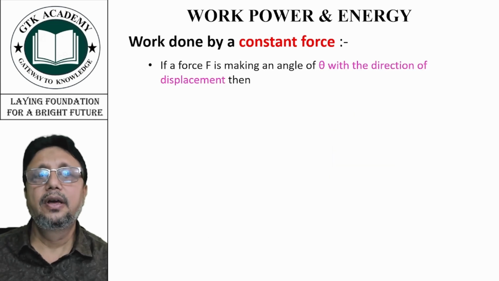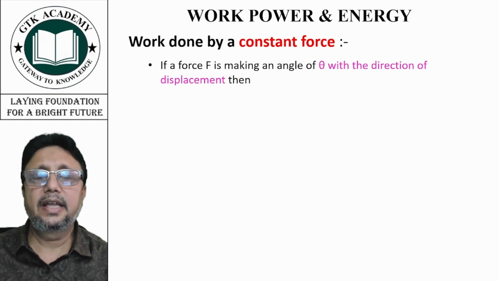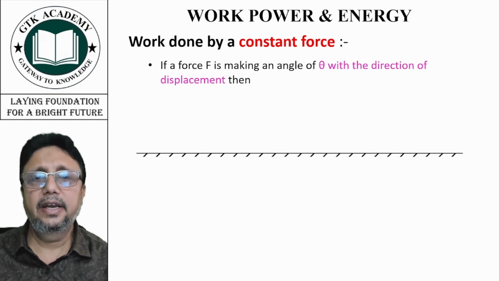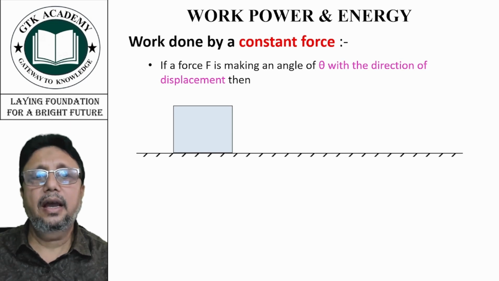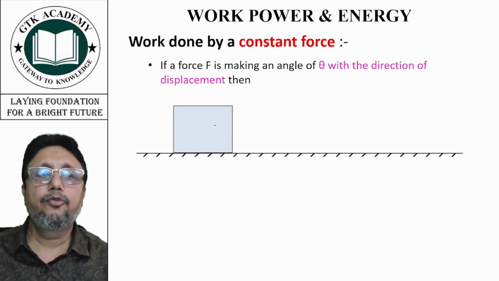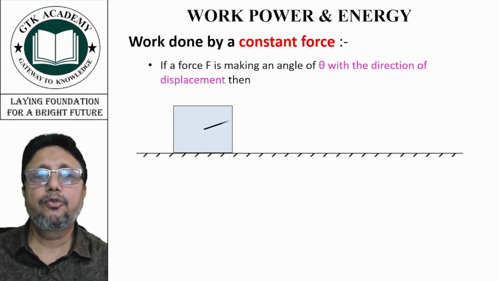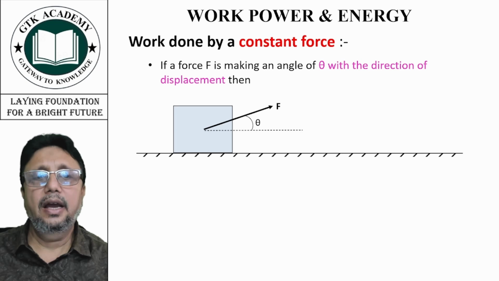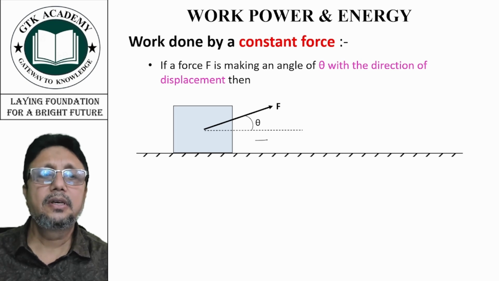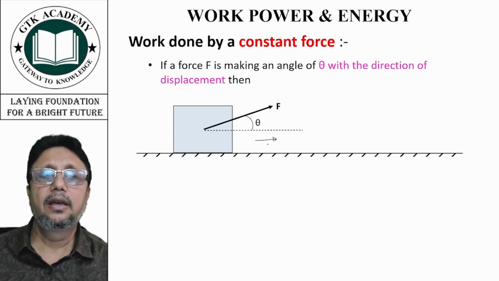Now, if the force is making an angle theta with the direction of displacement, say in the previous example, this is the body, and instead of the force in this direction, we have the direction of force like this, which is making an angle theta with the horizontal, and the displacement happens in this direction only.